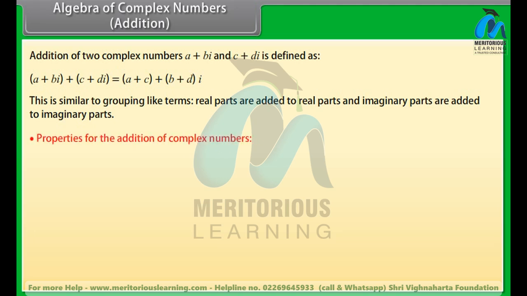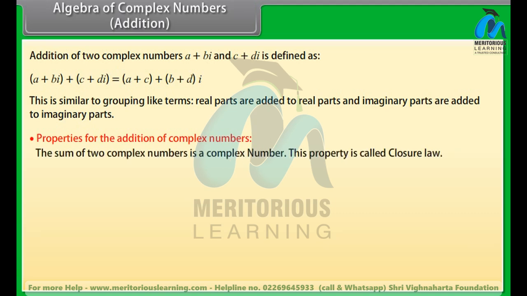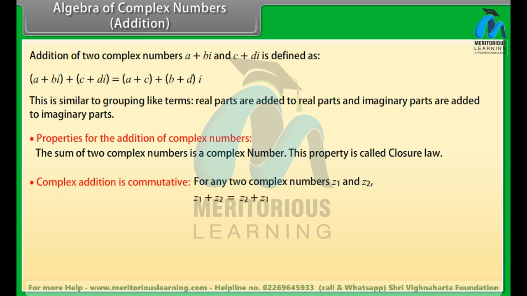Properties for the addition of complex numbers. The sum of two complex numbers is a complex number. This property is called closure law. Complex addition is commutative. For any two complex numbers Z1 and Z2, Z1 plus Z2 is equal to Z2 plus Z1. Complex addition is associative.